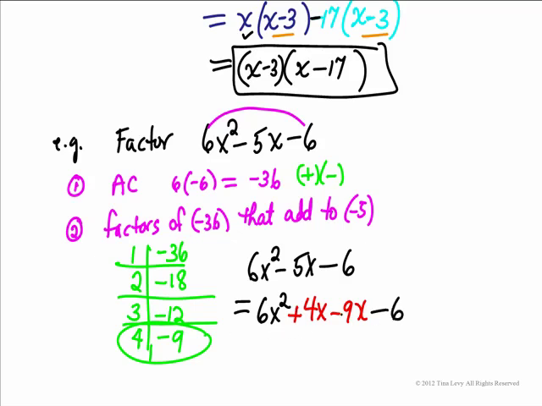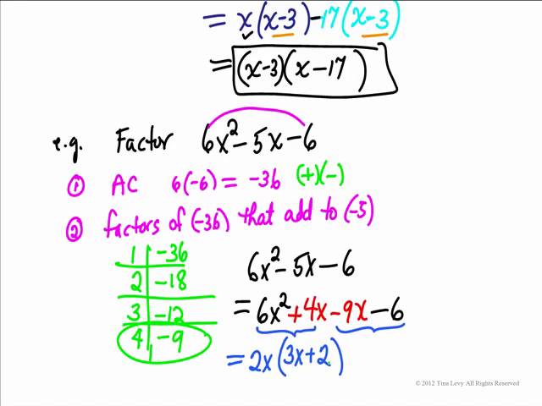It's a factor by grouping problem. We're now going to group them in pairs. Looking at this, the common factor of 6x squared and 4x will be 2x. 6x squared divided by 2x is 3x. 4x divided by 2x is plus 2.